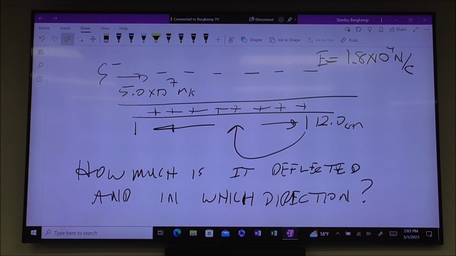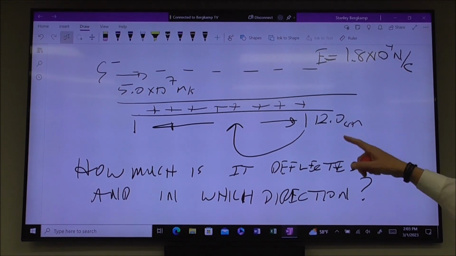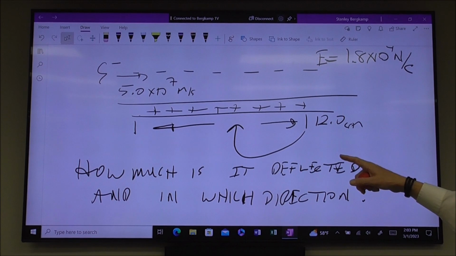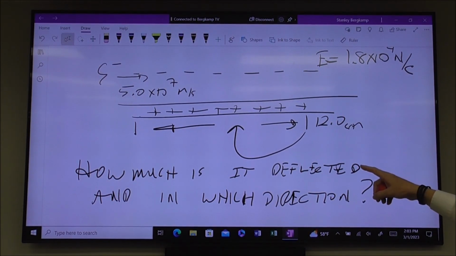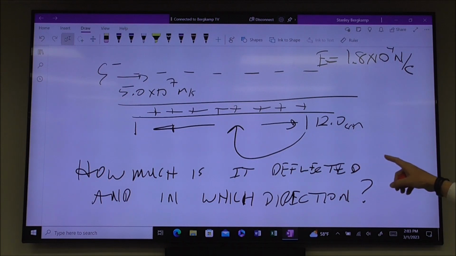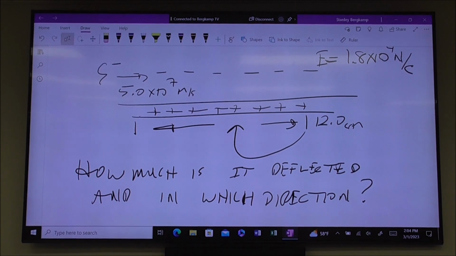You can figure out how long it takes to travel that distance, because you know how fast it's going, 5.0 times 10 to the 7th meters per second. What are you going to do with the 12 centimeters? Use that as distance. Is your time to travel that going to be a really big number or a really small number? A tiny number. It's not going to take very long at all.